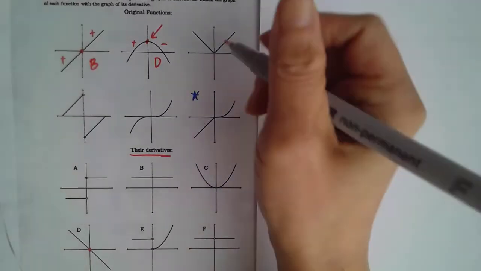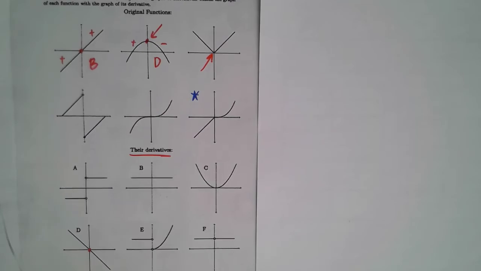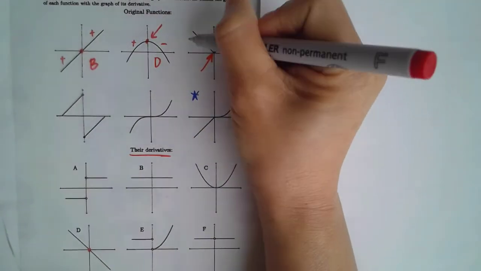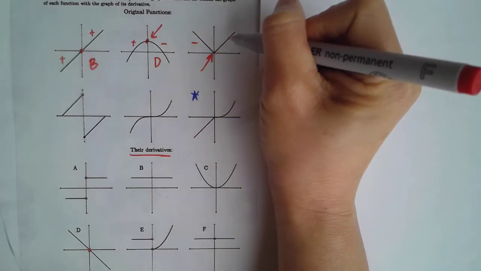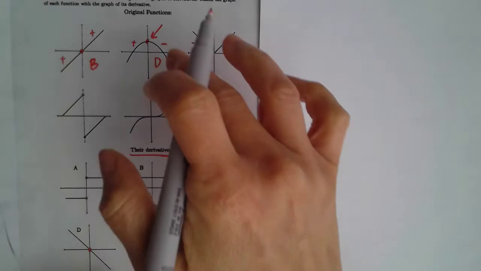Now let's try this different weird case here. What happens to the derivative here? You're right. It does not exist because it's a sharp turn. No derivative, okay? That means something weird happens here. It's decreasing constantly, and here it's increasing constantly.